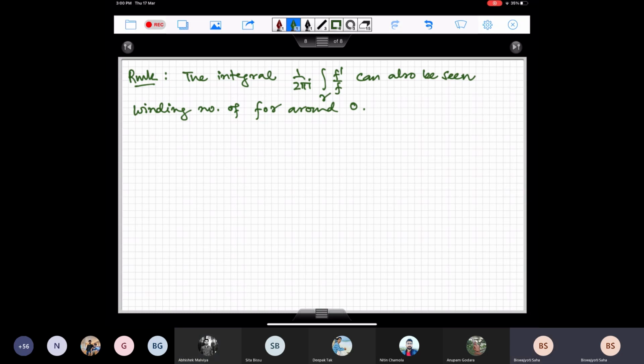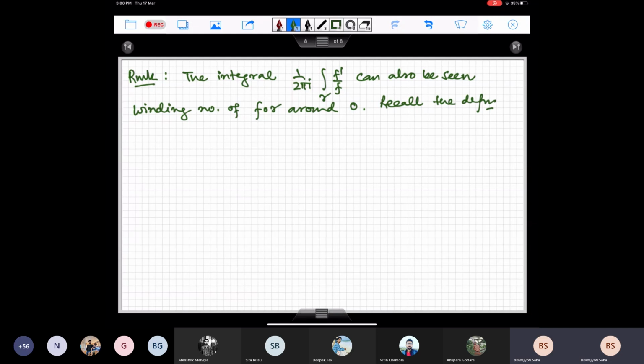That's true. This is what you were trying to say, Abhishek. Yes, sir. So here, how do we define winding number? If you remember, the winding number was 1 upon 2 pi i integral of 1 over z minus a. So recall the definition. Of course, from the picture, it's clear that that's the winding number, but let us do it rigorously.